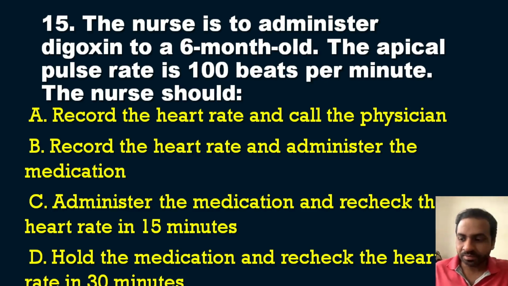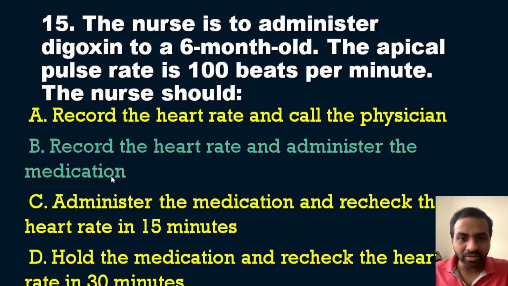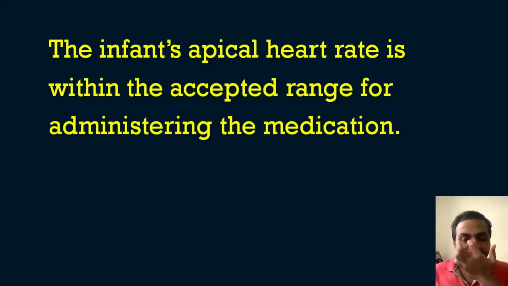So what is the answer? Obviously, option B: record the heart rate and administer the medication. Why record the heart rate before giving the medicine? We need a baseline, because the heart rate given in the question is within the normal range for a 6-month-old infant. The apical heart rate is within the acceptable range for administering the medication.